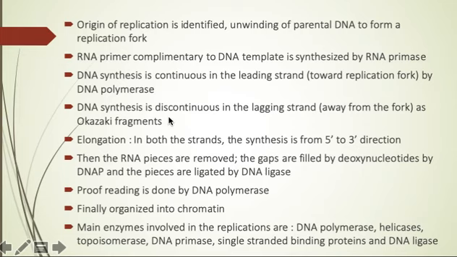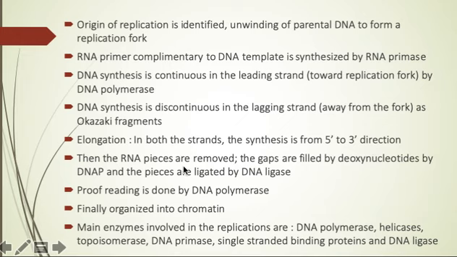Then the DNA synthesis is discontinuous in the lagging strand, that is away from the replication fork, called Okazaki fragments. And then there is elongation in both the ends of the DNA strand. The synthesis is from the 5' to 3' direction.